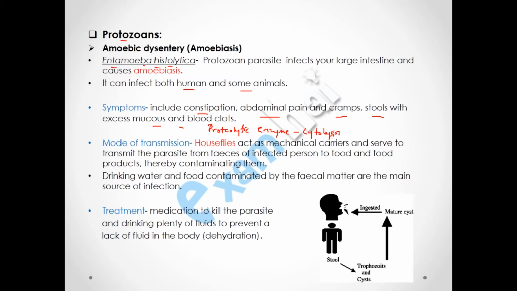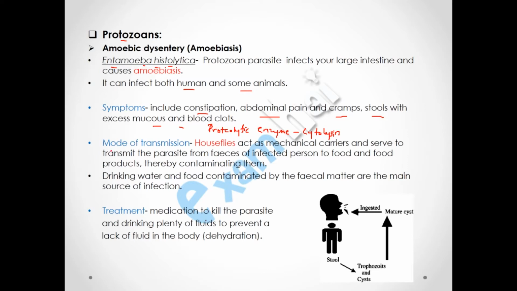This cytolysin erodes the mucous membrane of the intestine, due to which bleeding occurs and an ulcer is formed. Due to that bleeding ulcer, the patient passes blood and mucus with the stool. So these are the symptoms.